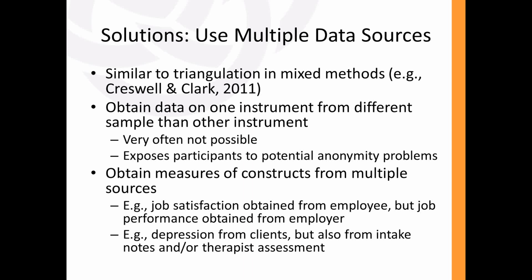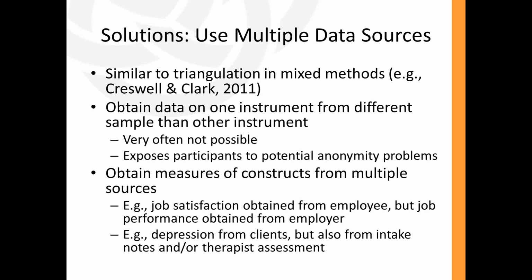Now, again, if that's what you're doing, then you have to be careful about anonymity, because if somebody is providing information about one employee, then that might alert them that that employee somehow needs to be looked at closer for some reason, independent of the research that's being conducted.